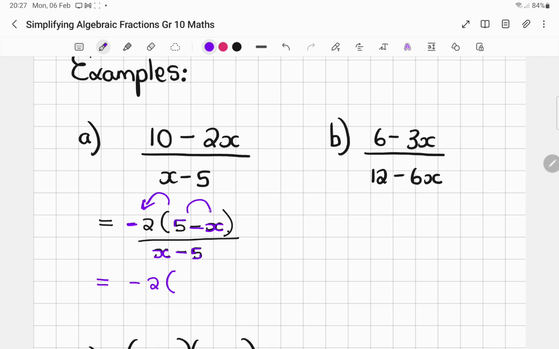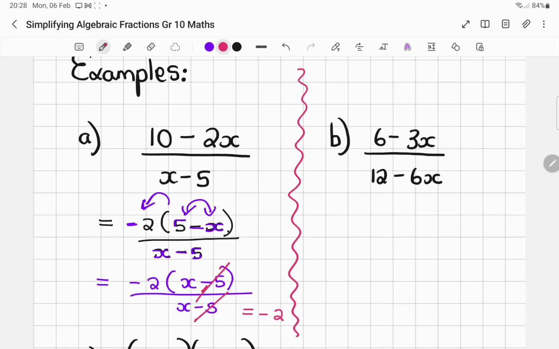So I'm going to sort of swap them around as well. So the negative x is going to become a positive x, and the positive 5 is going to become a negative 5. All over x minus 5. And then we can cancel out, and our answer is negative 2. Sorry, let me just write that nicely, it is negative 2.